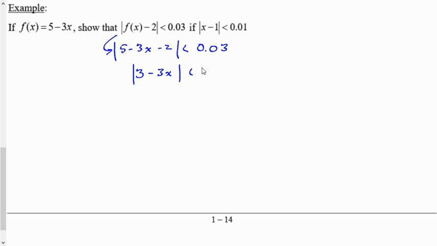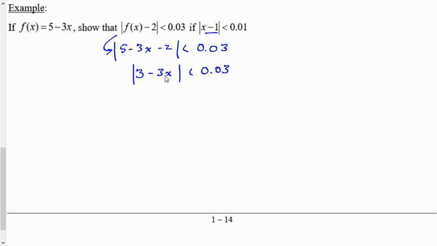Well, I want to show that this is true if that is true. So my goal is actually to get to a point where I have this x minus 1 inside this absolute value sign. And as we look at this, we can see there's a common factor of 3, but even better than the common factor of 3 is to think a common factor of -3.